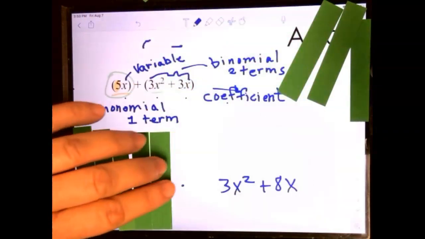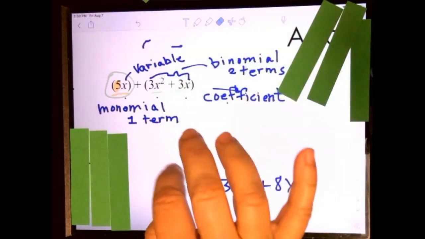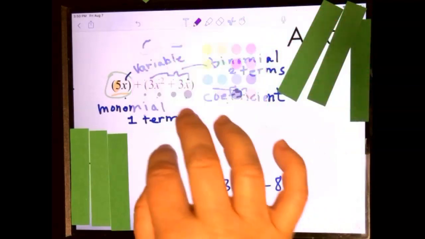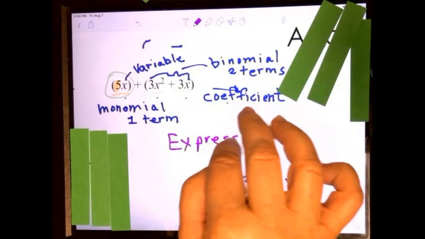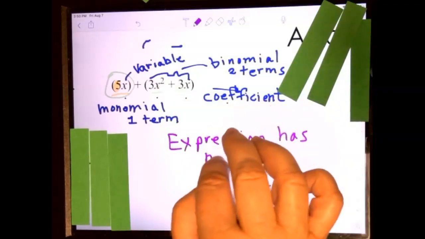Can anybody tell me the difference between an expression and an equation? That's right. An expression doesn't have an equal sign. Let me change colors here. An expression has no equal sign.